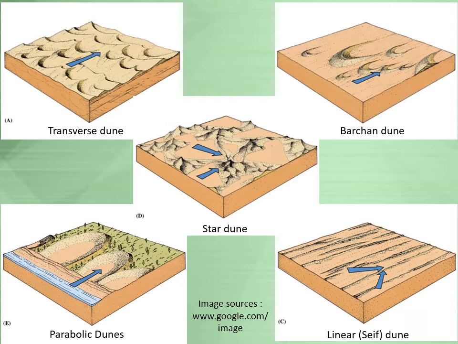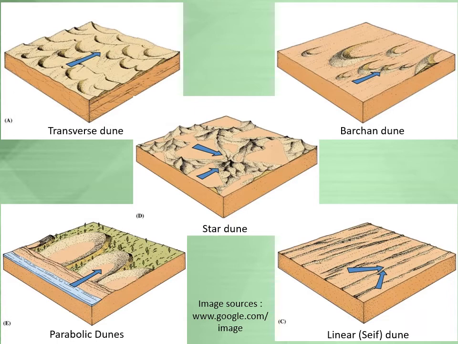That is, it is formed for a unidirectional flow, and all the crest lines are mutually connected to each other. So it is basically a larger version of your catenary or cascade ripples. The crest lines are interconnected with each other. Crest lines are U-shaped, and the opening of U shape is towards the flow direction, towards the bottom current direction.